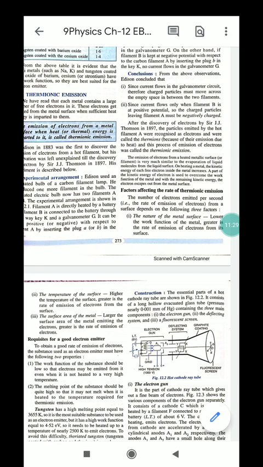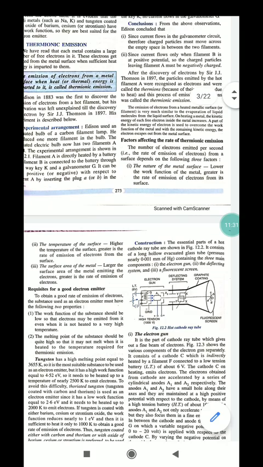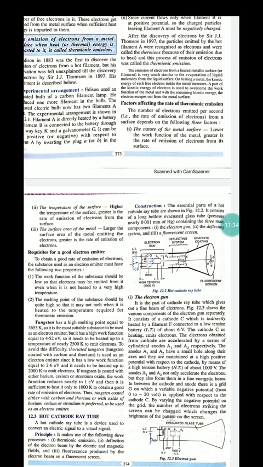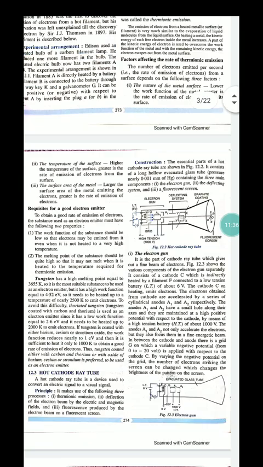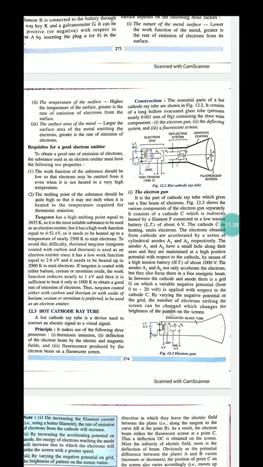So, what are the requisites for a good electron emitter? To obtain a good supply of electrons, that is, for a metal to act as a good electron emitter, it should have the following characters. What are the characters?